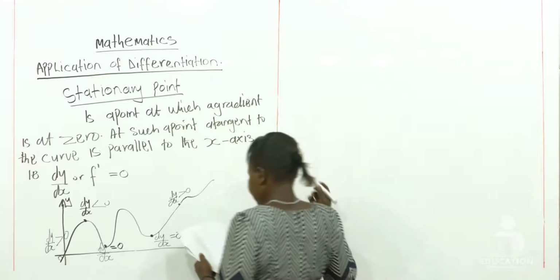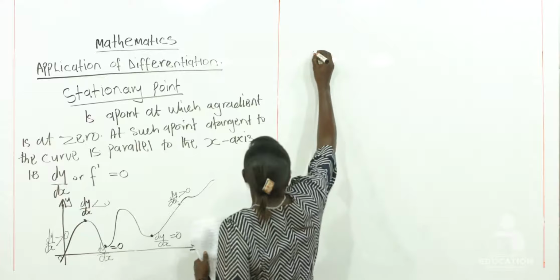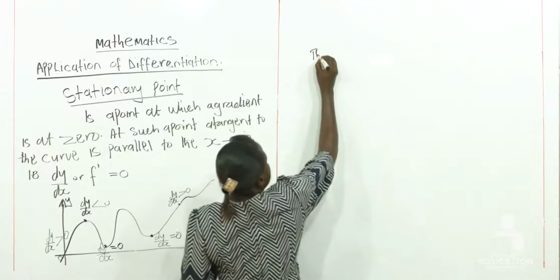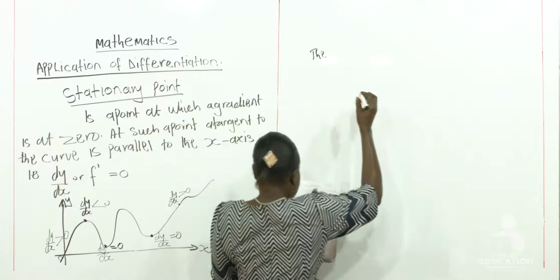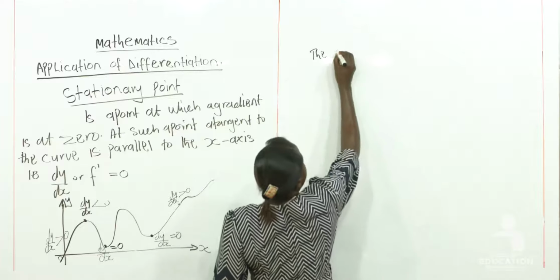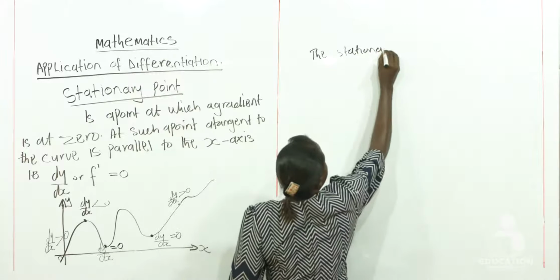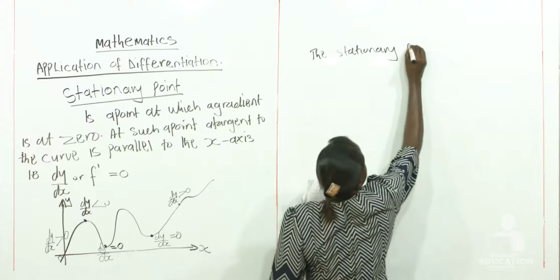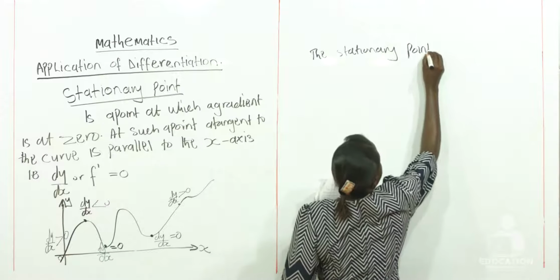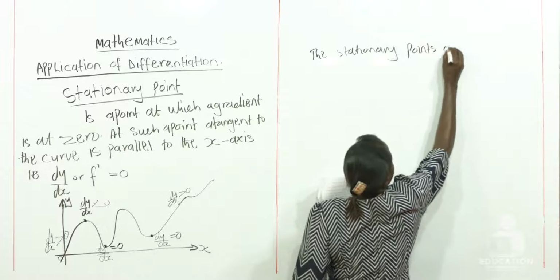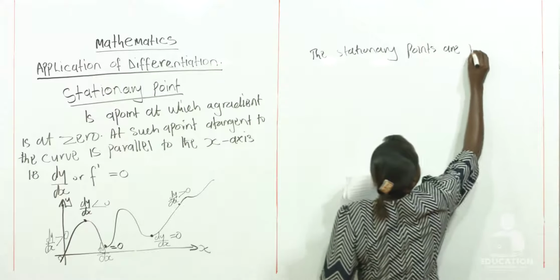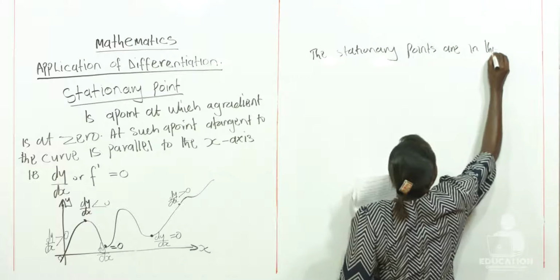So we simply say the stationary points are in three categories.